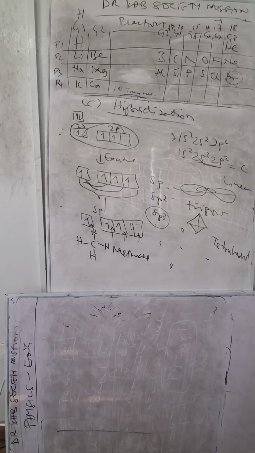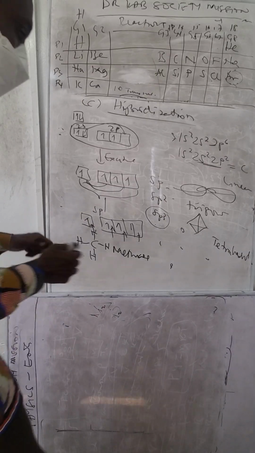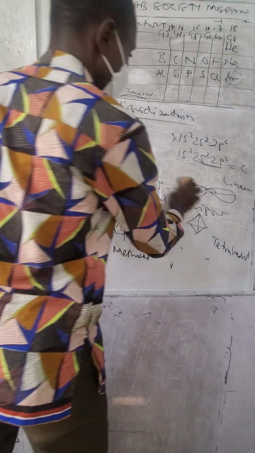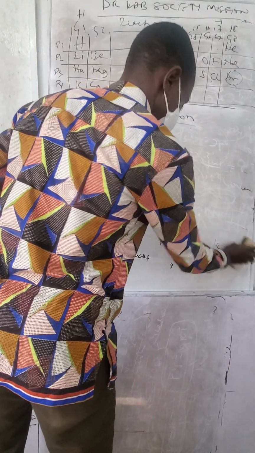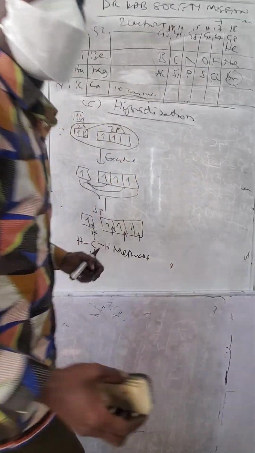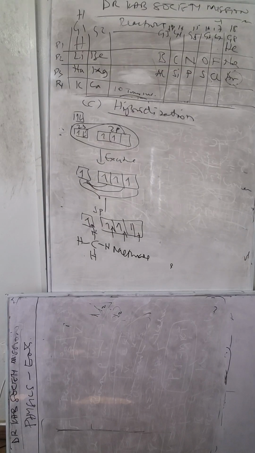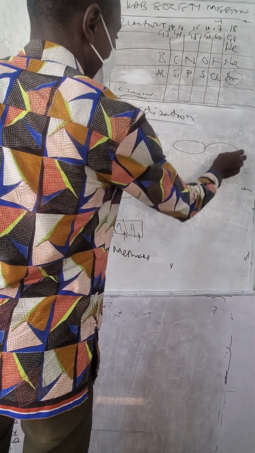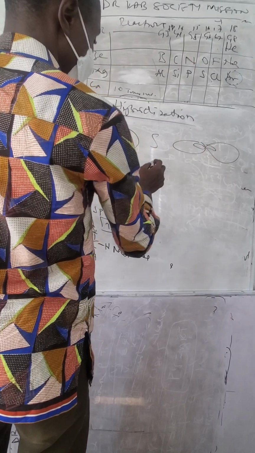Now let's look at the angles. Let me put it here. So our sp is like that. That is linear.